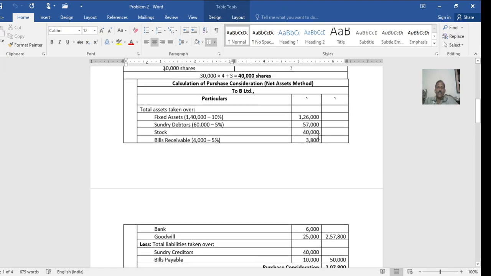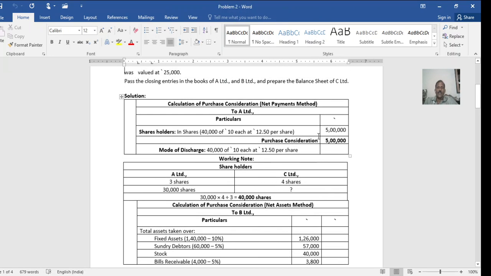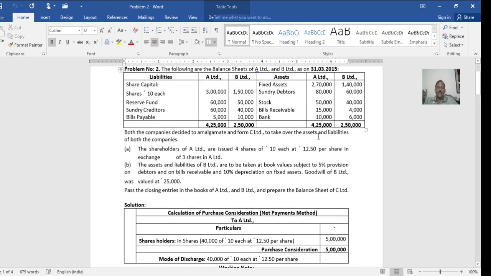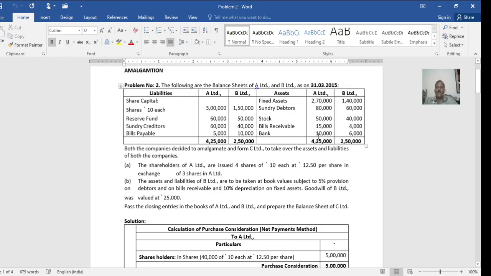Not that. It is in case of A Limited. I'm sorry. A Limited assets and liabilities are a total of 2,70,000, 80,000, 50,000, 15,000, and 40,000, because nothing is mentioned about this.